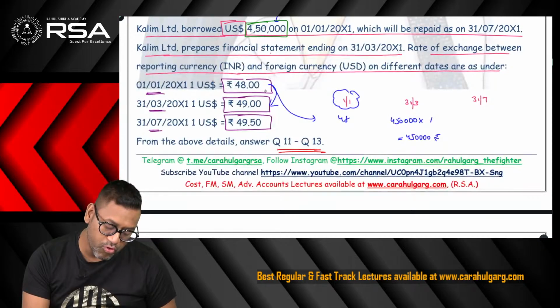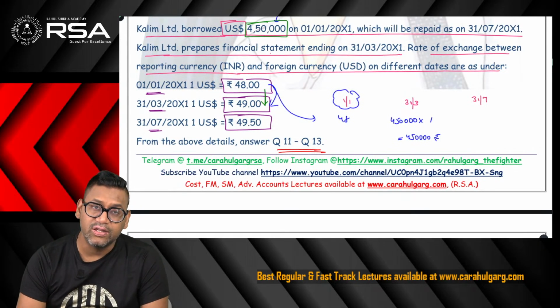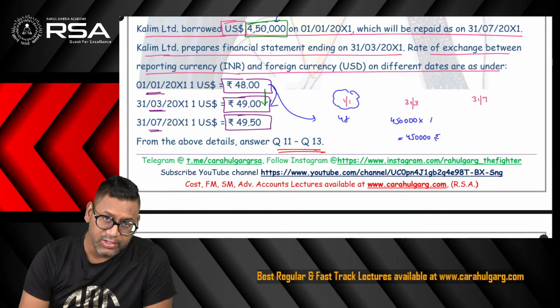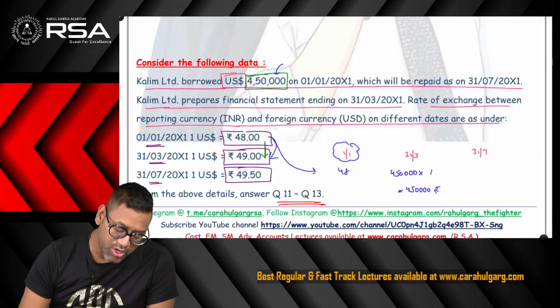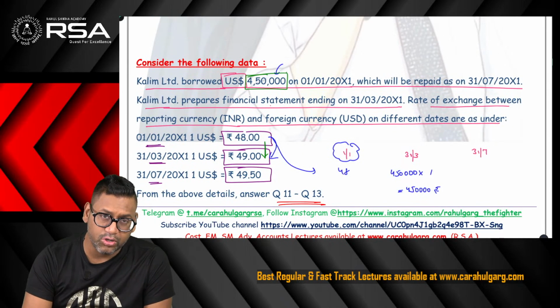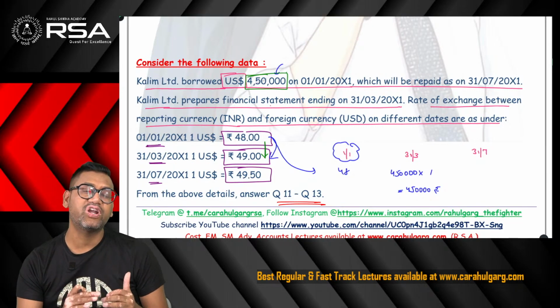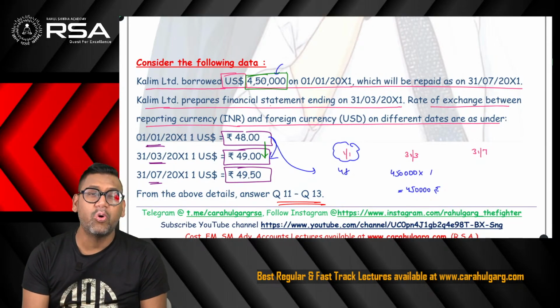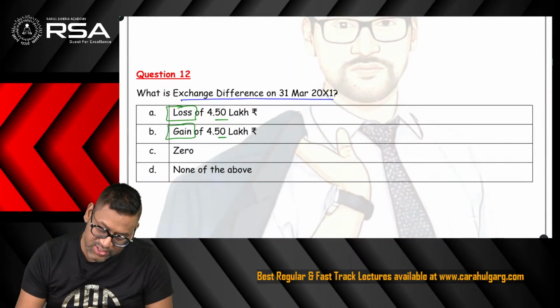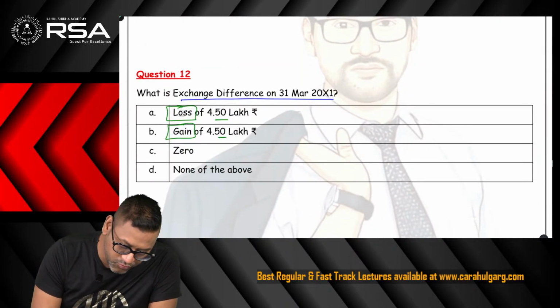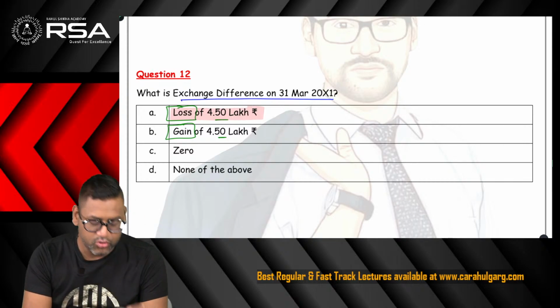So from 48, the amount has risen to 49 per dollar, meaning 1 rupee per dollar. So I had to pay $4.5 lakh, and if the rate increases by rupee 1, it means I have to pay 4.5 lakh more. So that's a loss for me. So the correct answer is option A, loss of 4.5 lakh rupees.